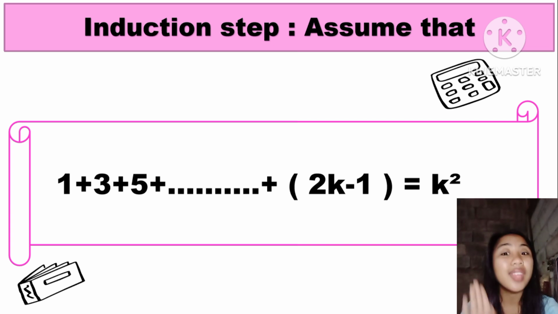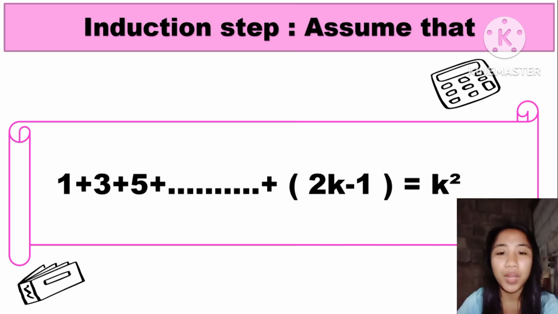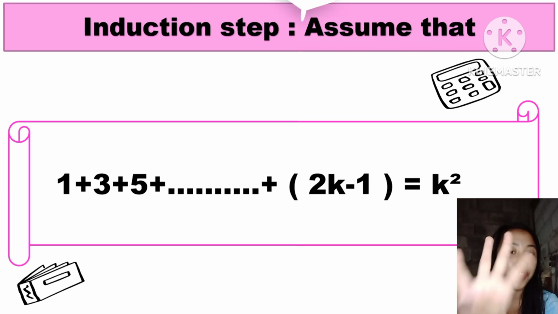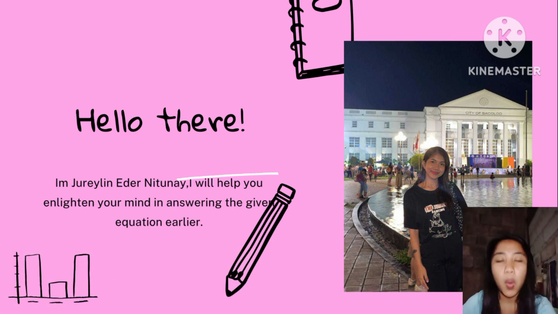Great! Since we are done with our first and second step, we are now ready to proceed to our third and fourth step. And your teacher will be Miss Geraldine.